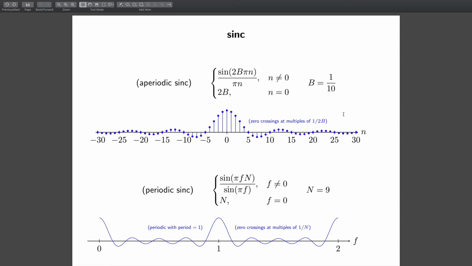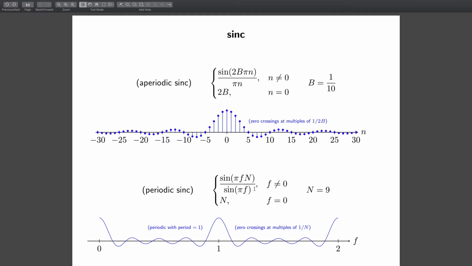That's very possible. The other kind of sinc function, which may be new in this course, you may not have seen this before, is a periodic sinc function, where we have a sine function in both the numerator and in the denominator. And in this case, the period of this periodic sinc function is 1.